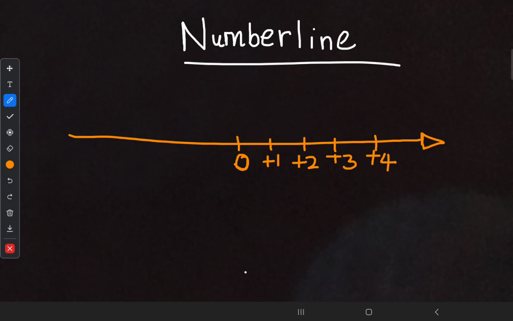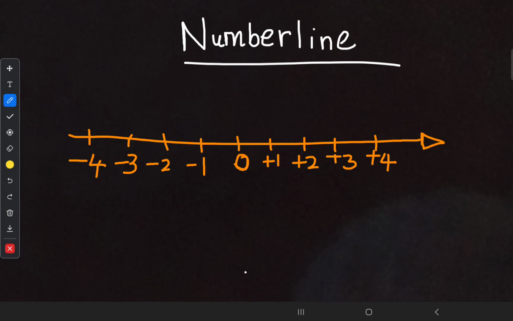Likewise, we have our positive values towards our right. Towards our left, we have our negative numbers: negative 2, negative 3, negative 4. This is the basic orientation of the number line.